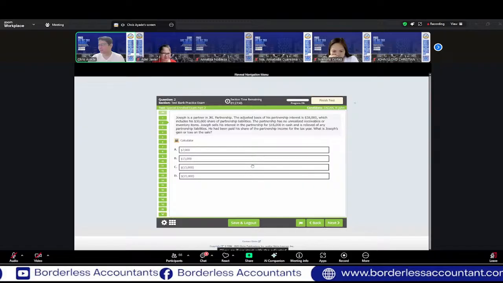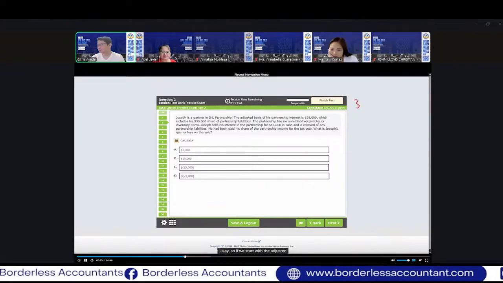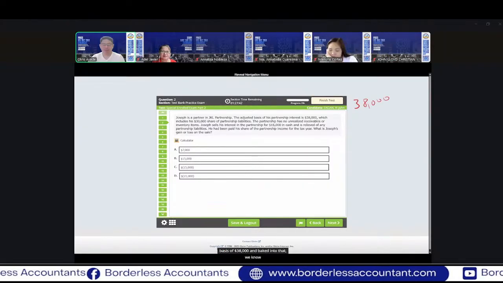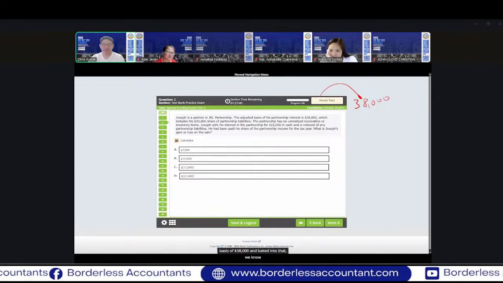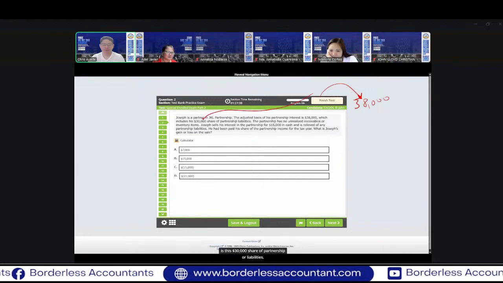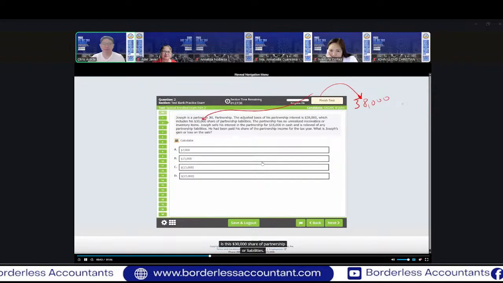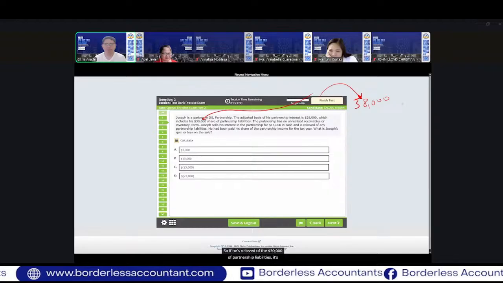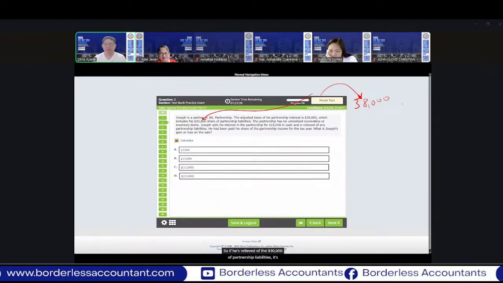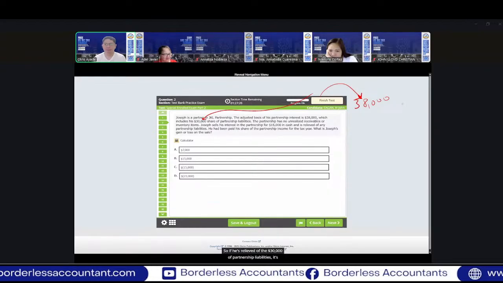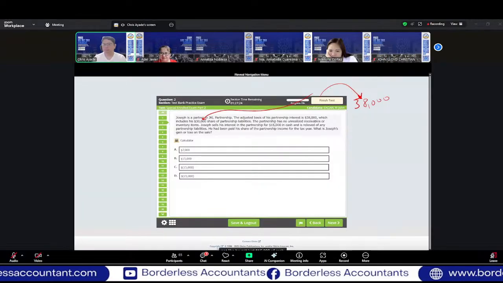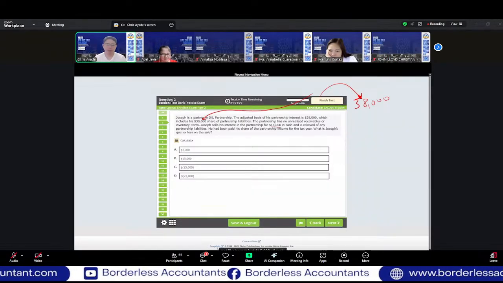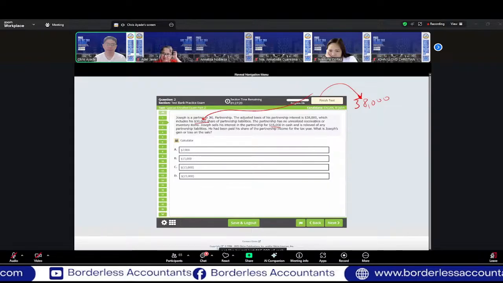So, if we start with the adjusted basis of $38,000, and baked into that, we know is this $30,000 share of partnership liabilities, you've got to think of this like cancellation of debt income. If he's relieved of the $30,000 of partnership liabilities, it's not like he got just $15,000 of cash, but he got this relief of debt of $30,000.